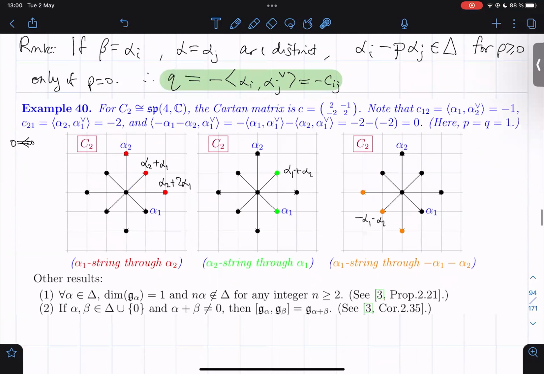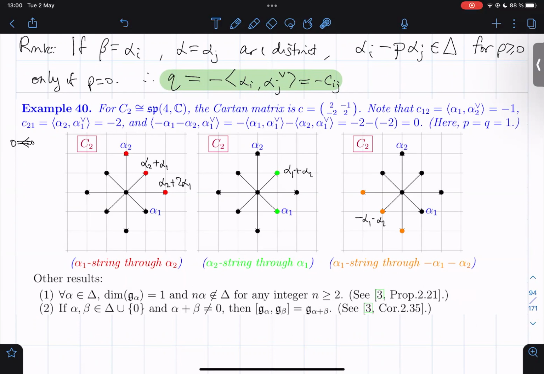A couple of other results that I'm not going to prove. For all roots, the dimension of the corresponding root space is 1. And if I start asking, do I have any other multiples of alpha other than just minus alpha? Actually, here we're not formulating for minus alpha, just any other positive multiples of alpha, are they roots? The answer is no. Very much the simpleness condition comes in showing this.